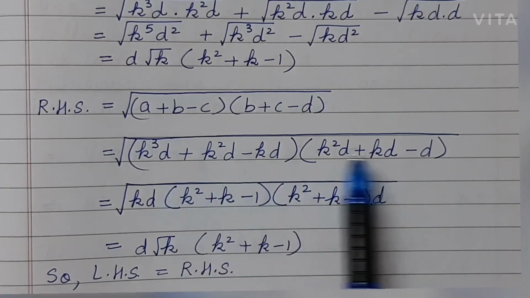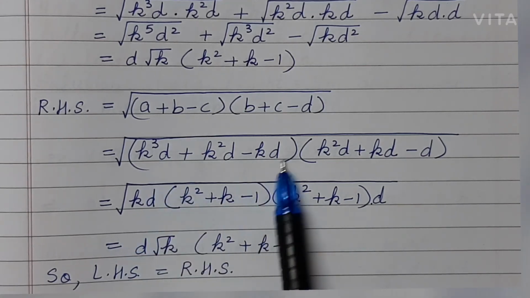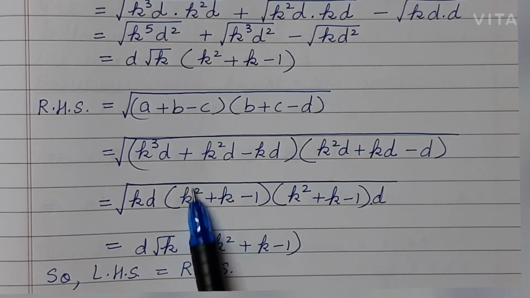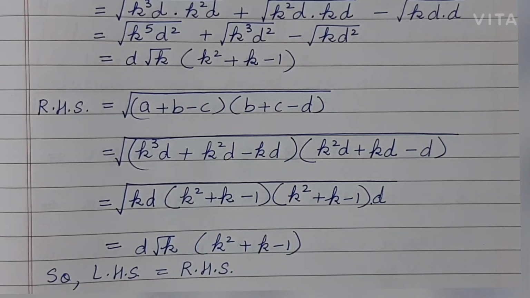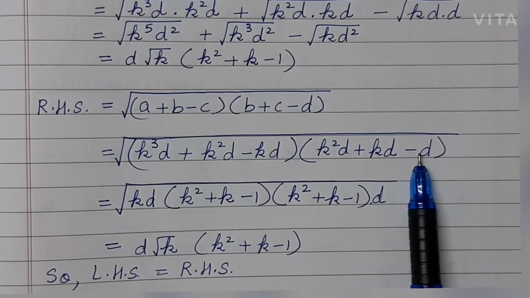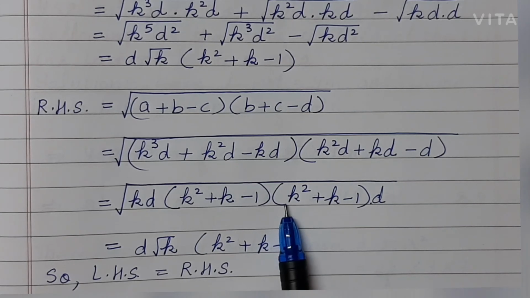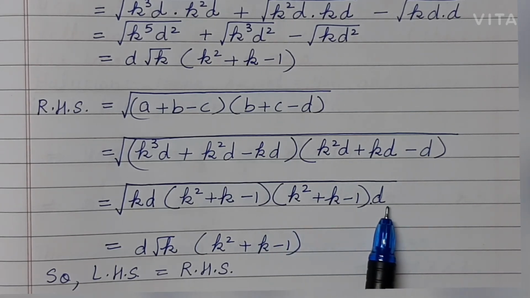Now students, here also we can take kd common from the first bracket. So what we are left with? k square plus k minus 1. And from the second bracket, d is common. So we are left with k square plus k minus 1.